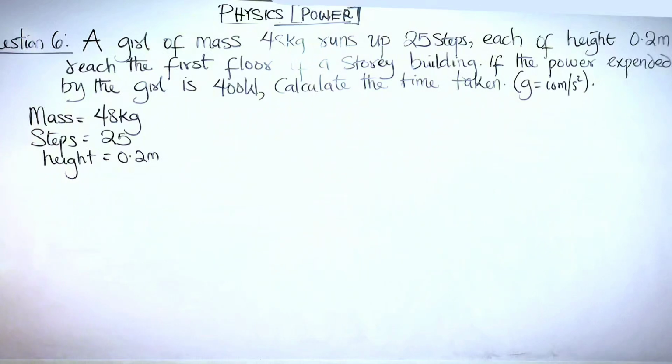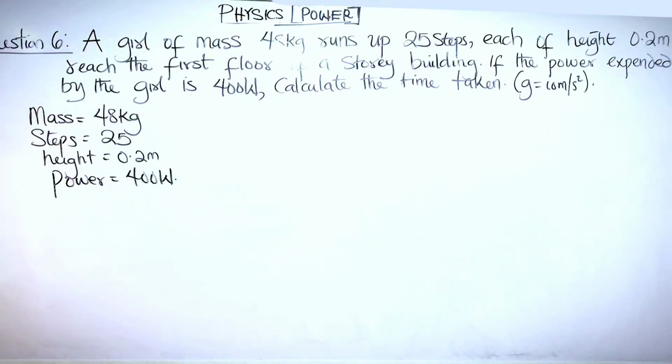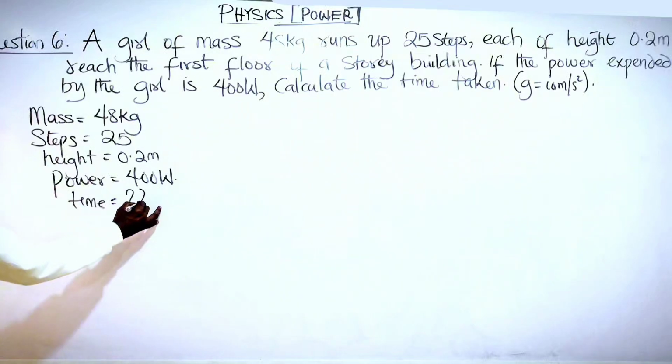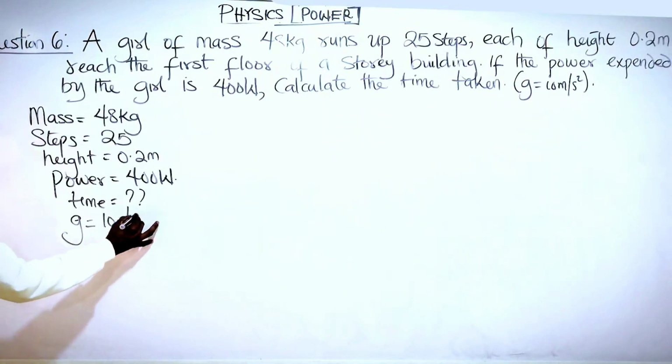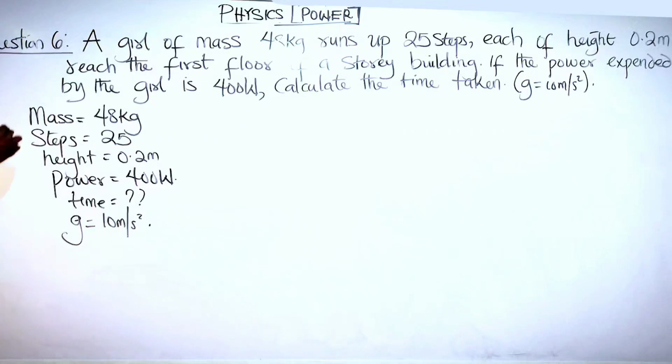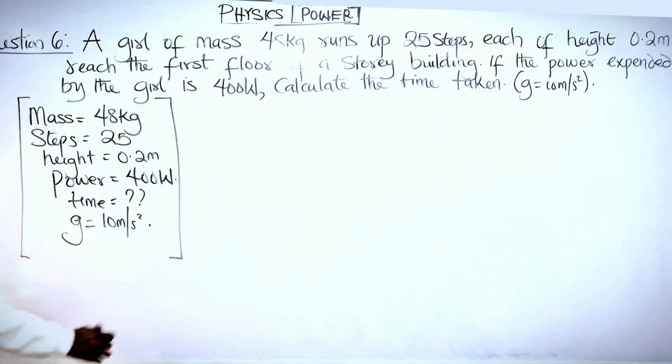If the power expended by the girl is 400 watts, we're given power of 400 watts, right? Calculate the time taken. What is the time, if g was given as 10 meters per second squared? So these are our parameters given. Alright, let's work within the range of what we have here. Now we set power.